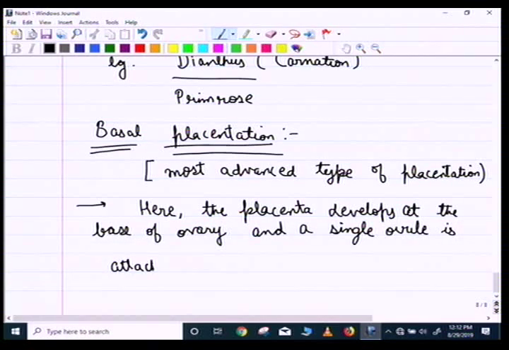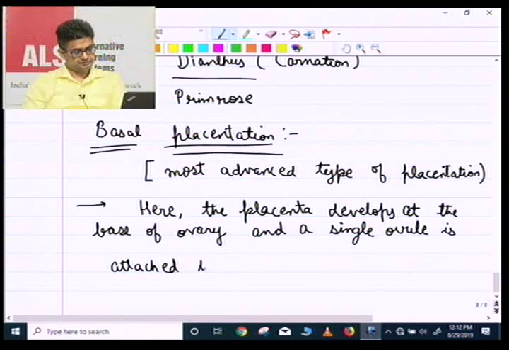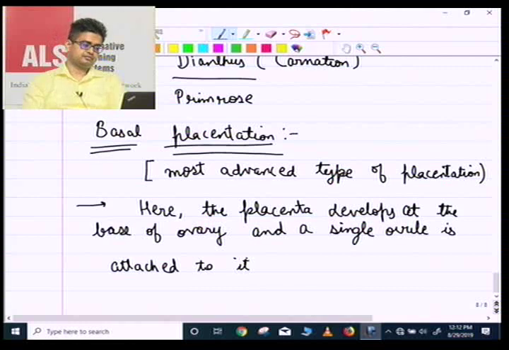It is a characteristic feature of Asteraceae family.